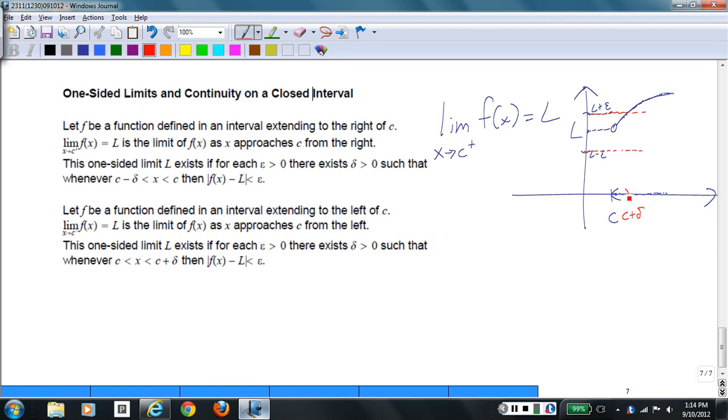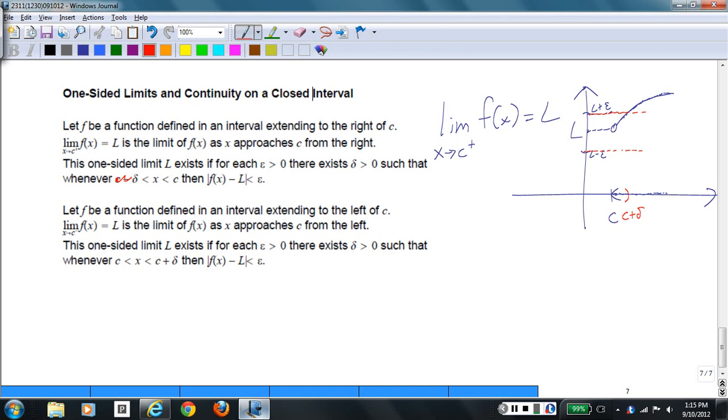As long as x is between c and c plus delta, that is to guarantee us that the function is between L minus epsilon and L plus epsilon. That is, f of x minus L has absolute value less than epsilon. So if I had the liberty of doing so, I would replace this and this. Those should swap places.